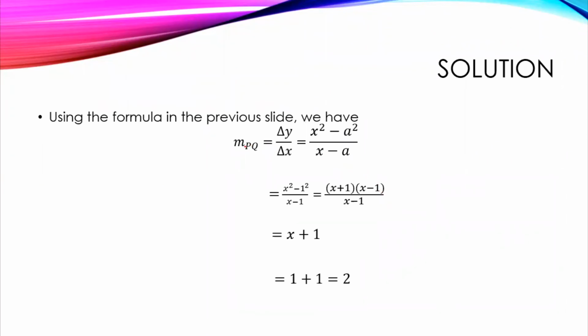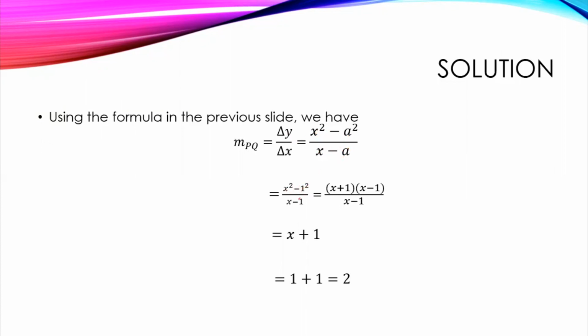So, using the formula that we used earlier, the slope of the secant line is given by delta y over delta x. Then, since delta y is x squared minus a squared over x minus a, and since the point is (1, 1), the a value is 1.